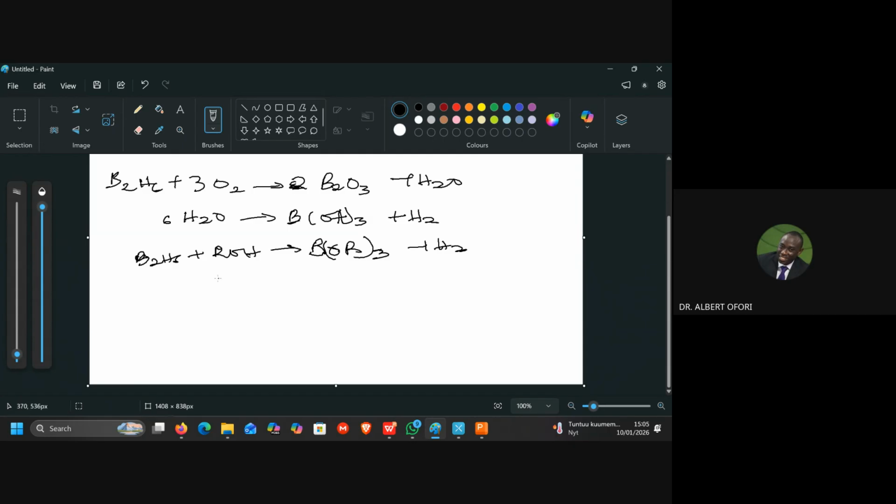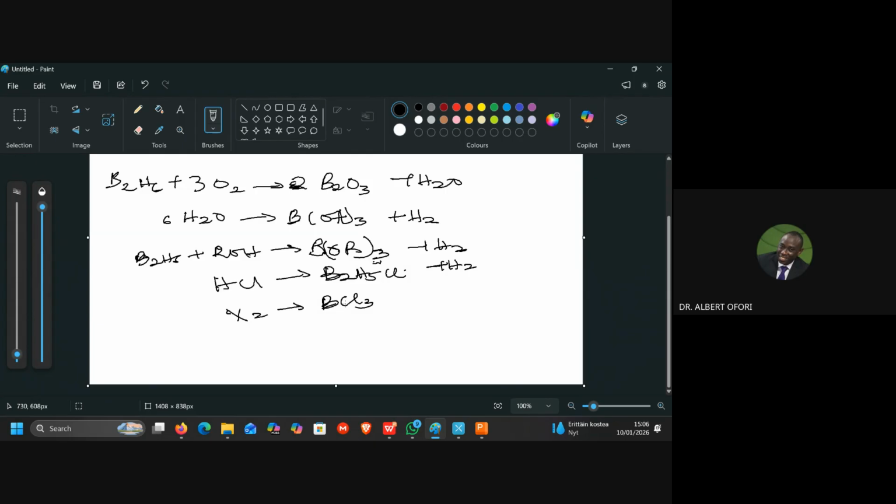Then we have the diboranes reacting with an acid. Then we produce borane hydride, with HCl. The hydrogen gas again will be evolved. Then borane reacting with the halides will again produce the boron halide, for example, boron chloride as well. So these are the reactions of these boranes.